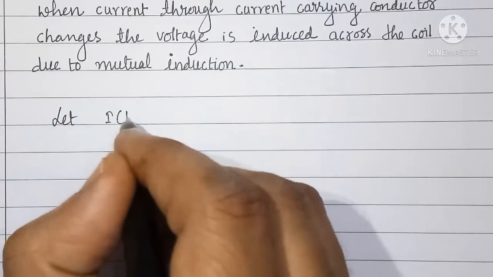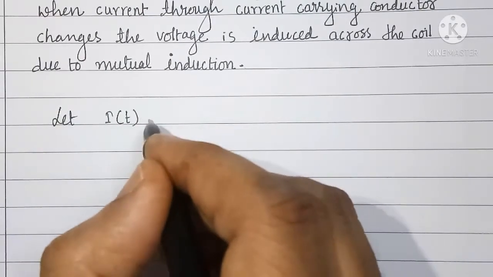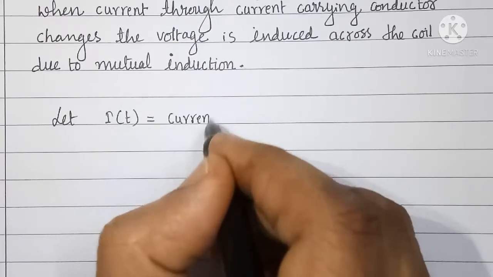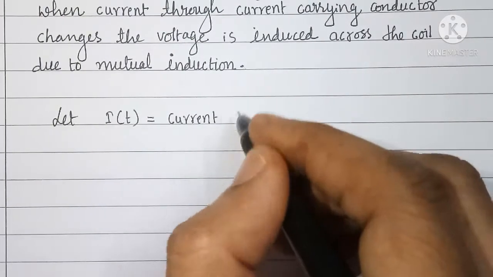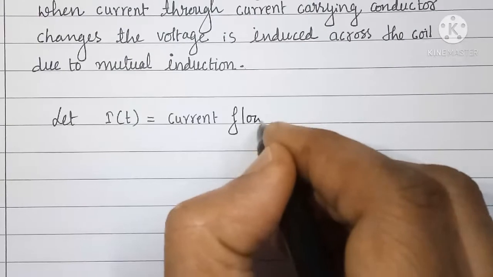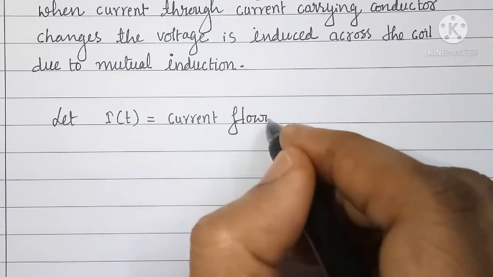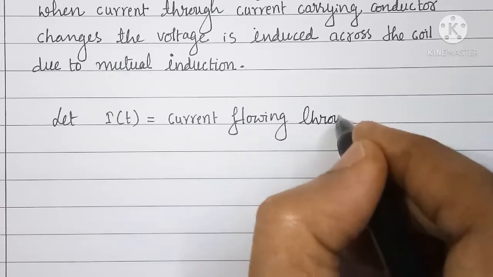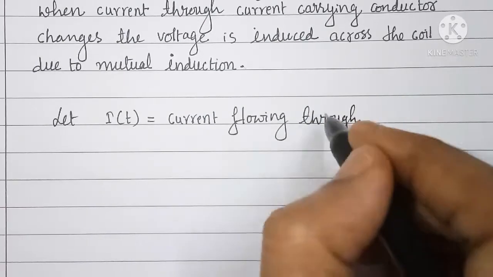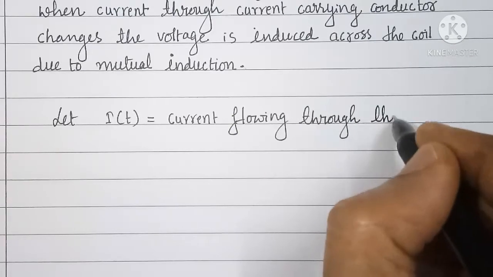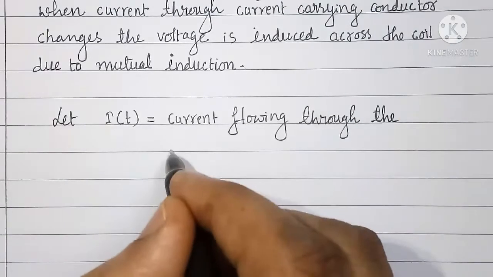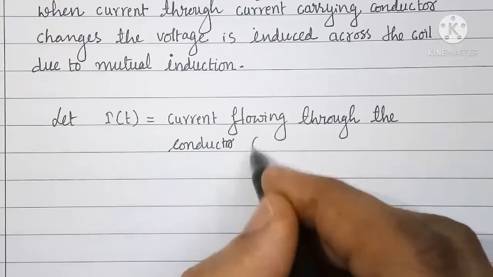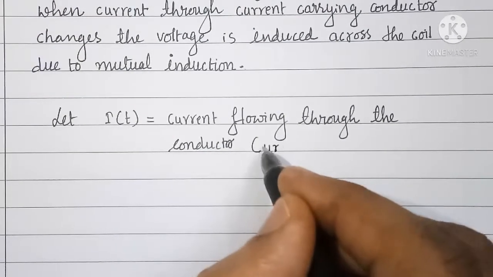Let I of t be the current flowing through the conductor, that is current to be measured.